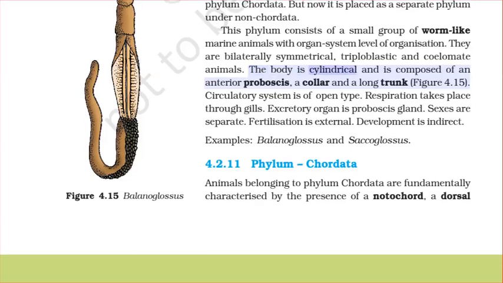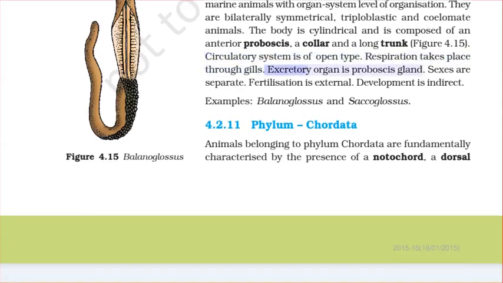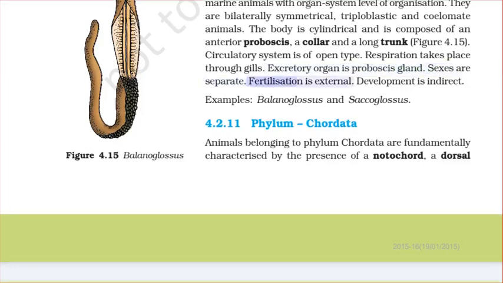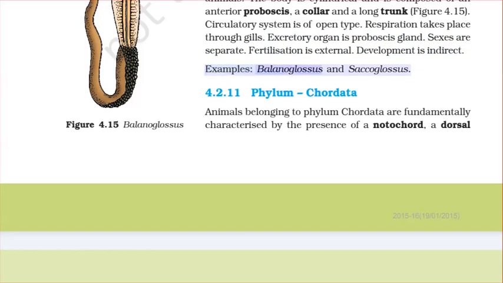The body is cylindrical and is composed of an anterior proboscis, a collar, and a long trunk, figure 4.15. Circulatory system is of open type. Respiration takes place through gills. Excretory organ is proboscis gland. Sexes are separate. Fertilization is external. Development is indirect. Examples: Balanoglossus and Saccoglossus.